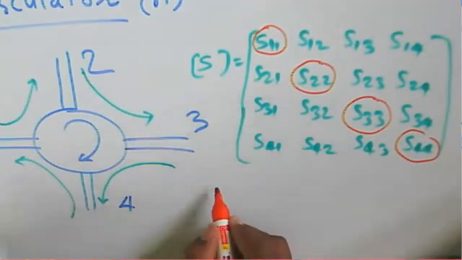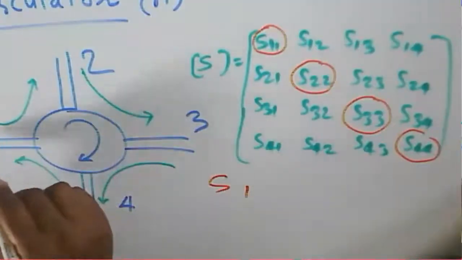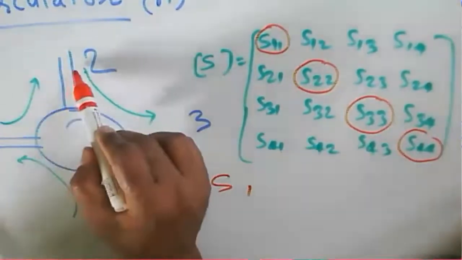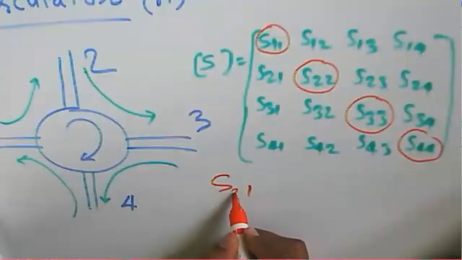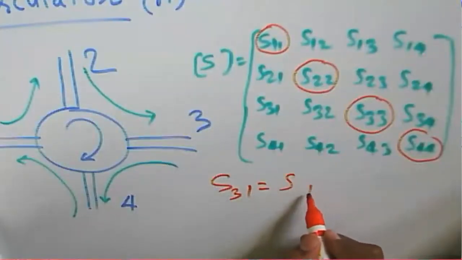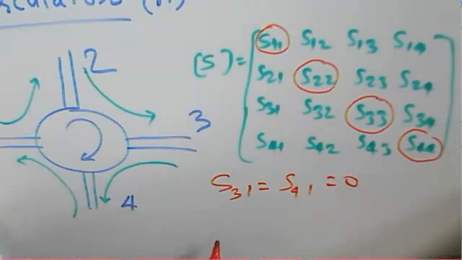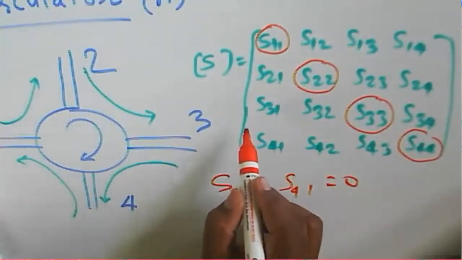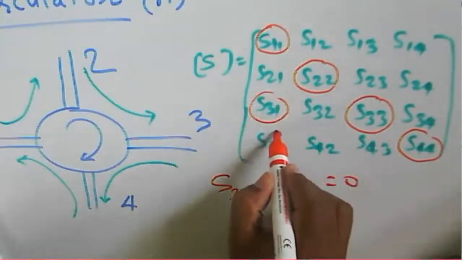And we say that if we are providing the input to port 1, output available at port 2, no coupling at port 3 and port 4. So S31 equals 0 and S41 equals 0.